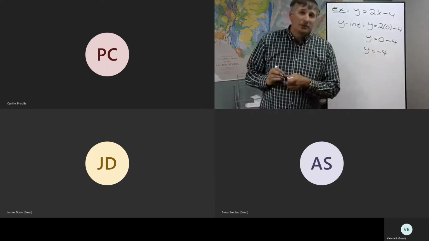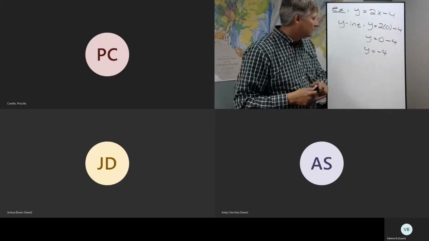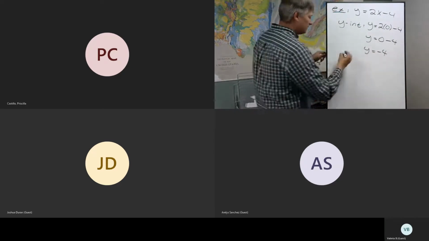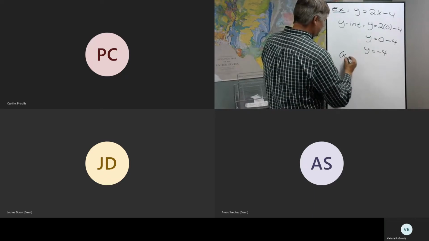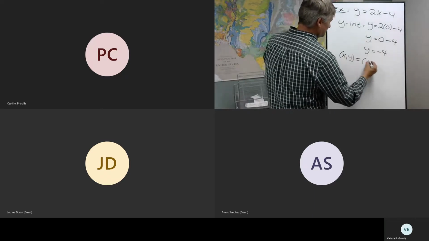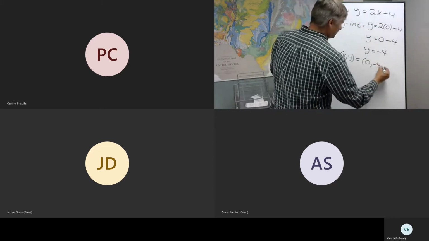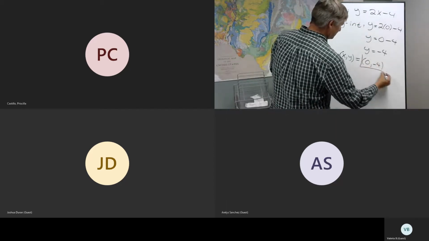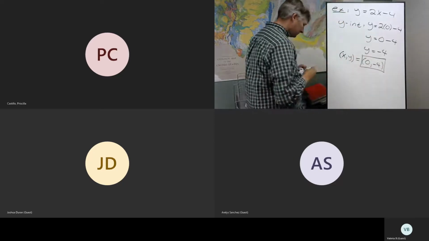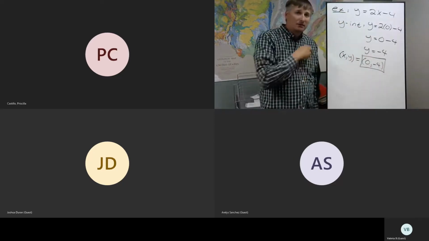And doing that, as we simplify, we get y is equal to -4. So what this means is that x comma y will be 0 because x was 0, -4. Questions about that?